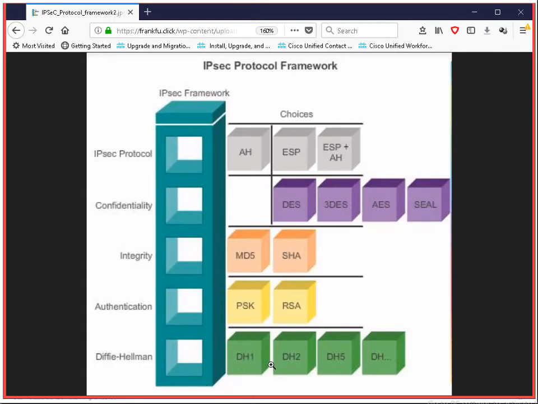And then we have our key exchange process, Diffie-Hellman, and ECDH, which is probably something that should be listed here as well, elliptic curve Diffie-Hellman. But the IPsec framework is just a bunch of building blocks that you can put together to provide things like encryption and confidentiality, message integrity through some sort of hashing process, authentication through a pre-shared key or public key infrastructure process, and so on.